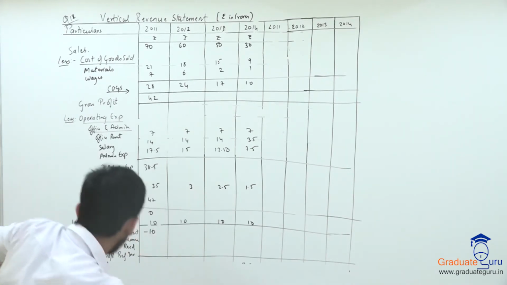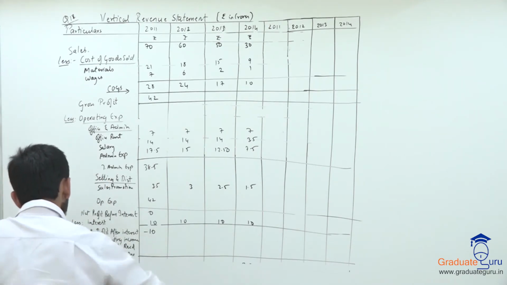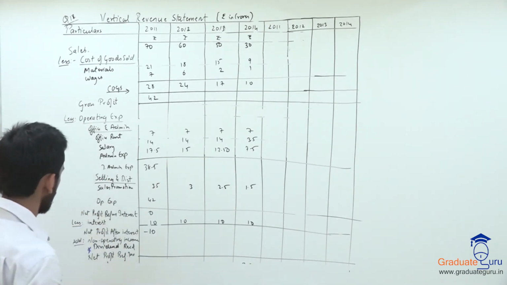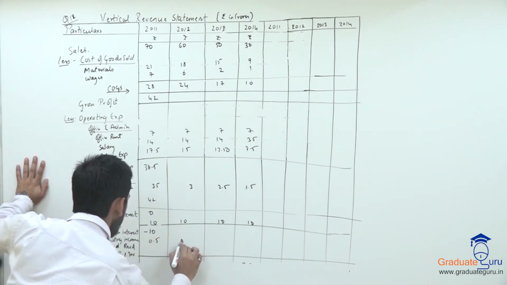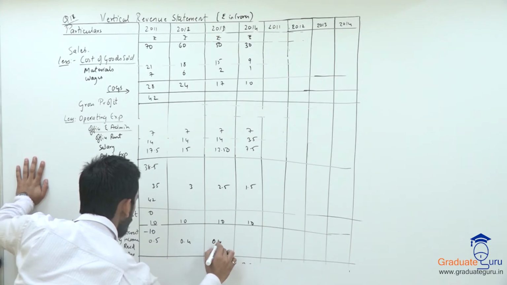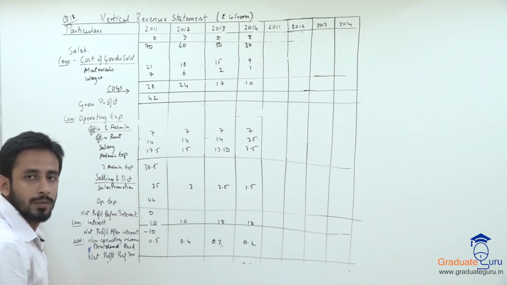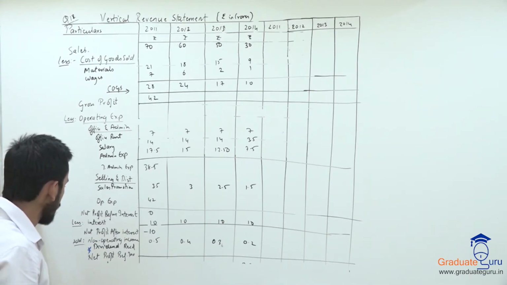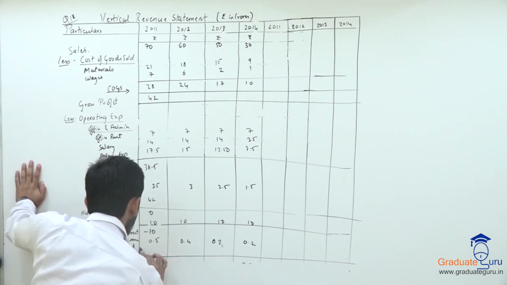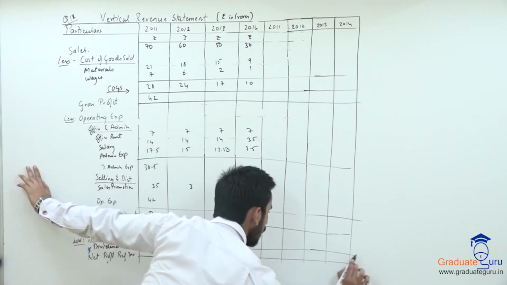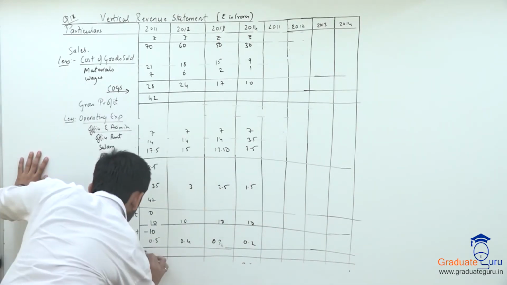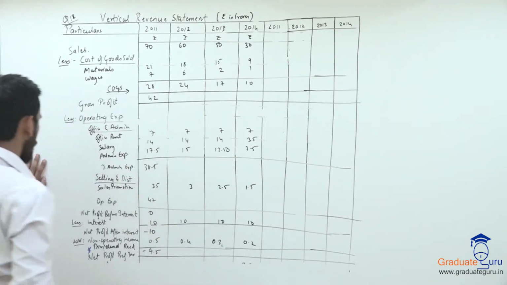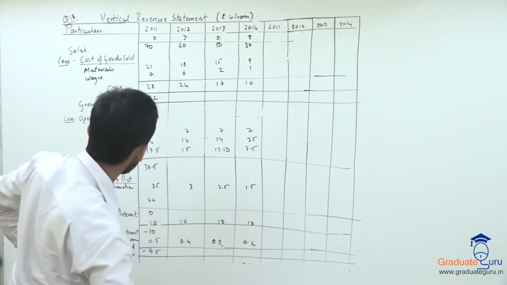Mark a star here so that you don't make this mistake. 0.5, 0.4 and 0.2. Are you understanding what mistake we made? Read the question properly. So this will be 9.5 negative. So the profit is negative in the first year.